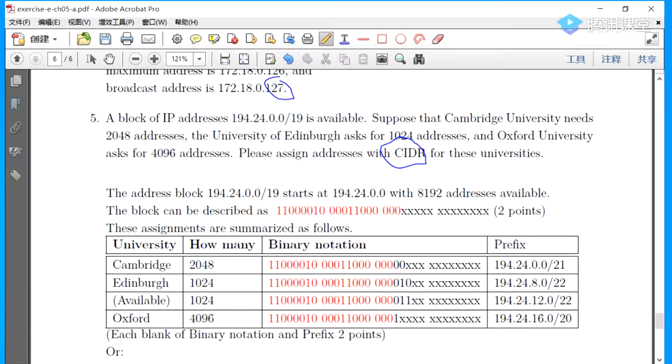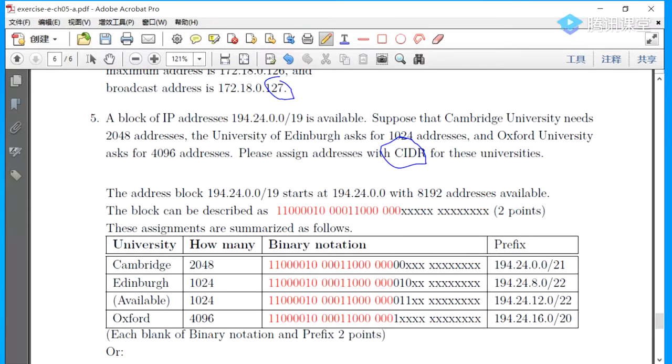Then, if you are an address or system ISP manager, how can you assign the addresses with CIDR schemes for these 3 universities?